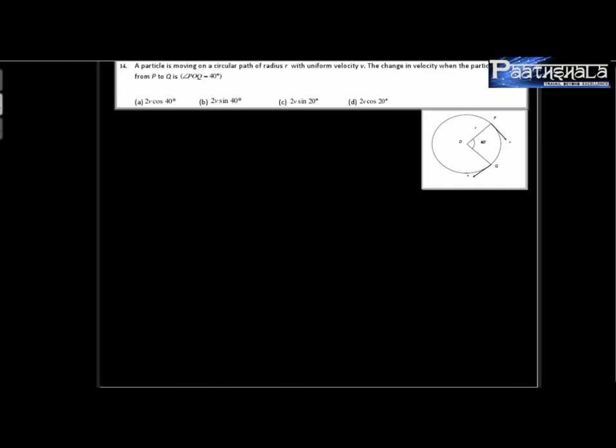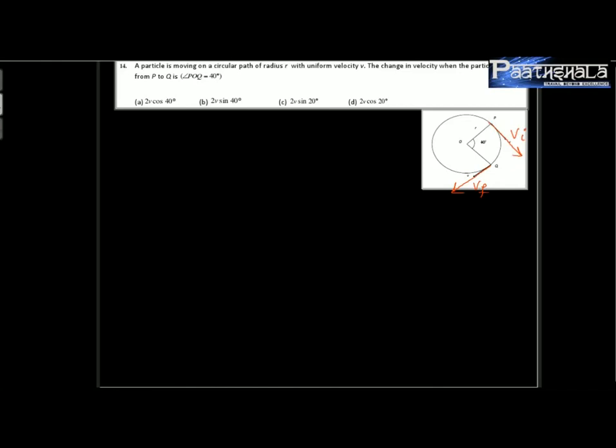Here we have got a circle and a particle is moving along the circle. Velocity along two instances is given. This velocity is the final velocity Vf. This velocity is the initial velocity Vi.